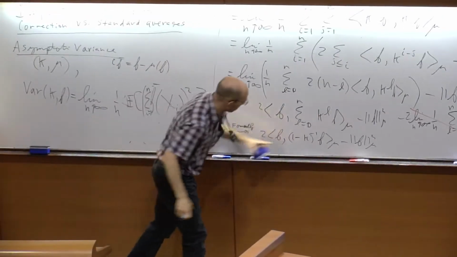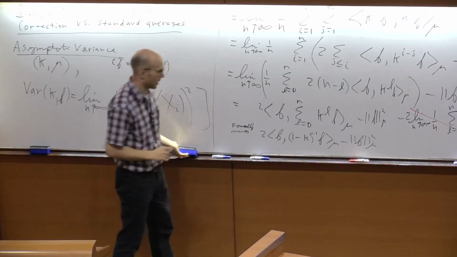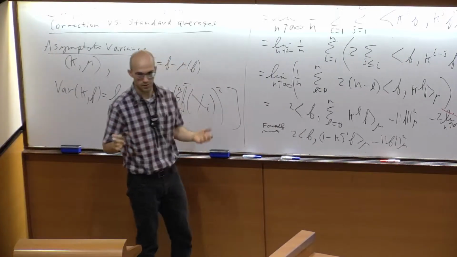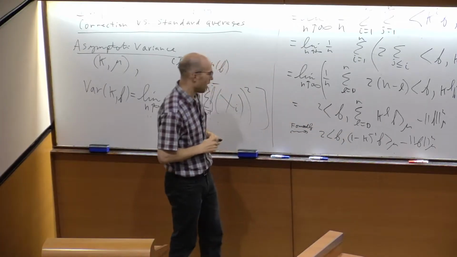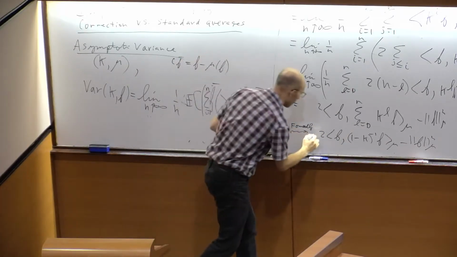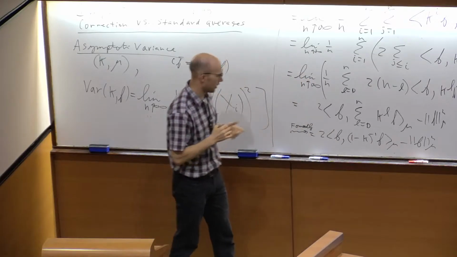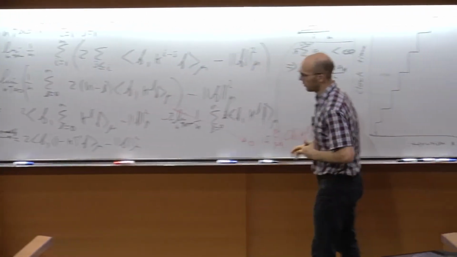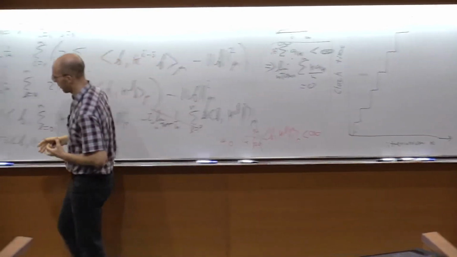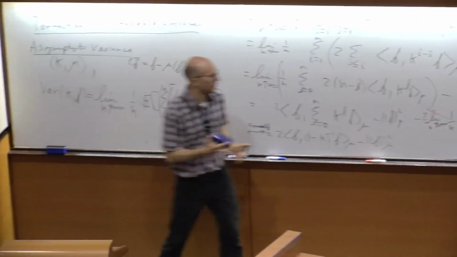So this inverse, if that exists, basically when K has a right spectral gap or is geometrically ergodic, you can use this representation. But we can't assume that in general. So we're going to play around just a bit.